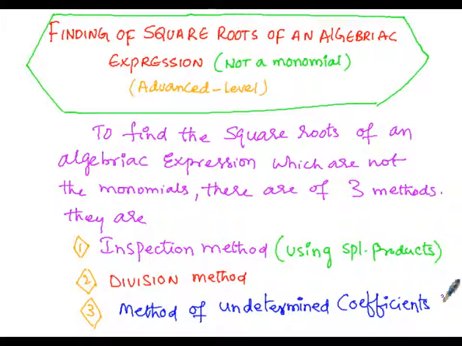So, here particularly we are going to perform the first one, that is the inspection method, now. Method number one in finding the square roots of algebraic expressions which are not the monomials.